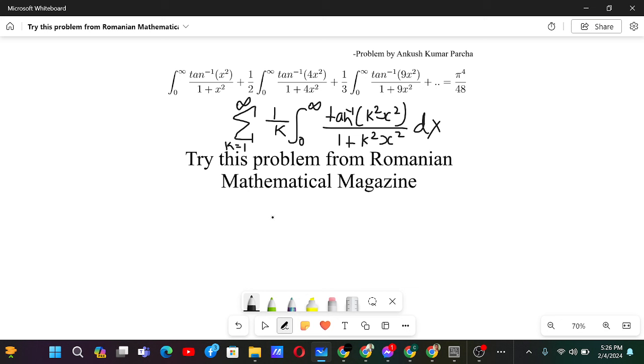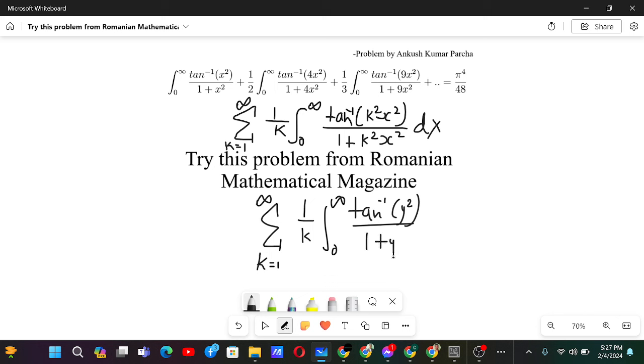The first thing that we can do is let y equal kx. If you let y equal kx, you will get tan inverse y square by 1 plus y square, and since y equals kx, dy by k equals dx.